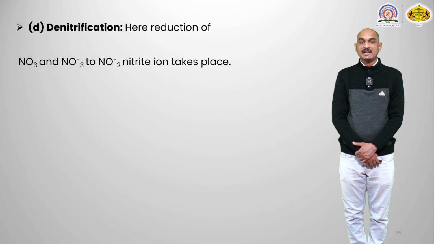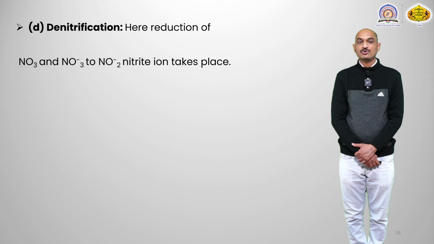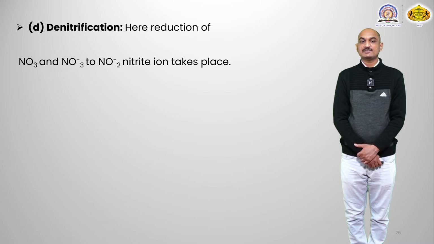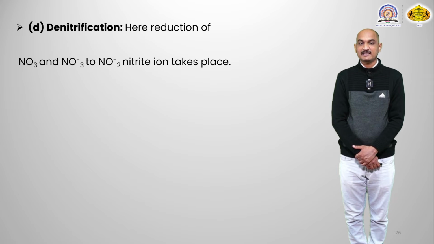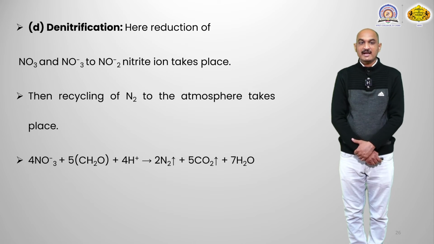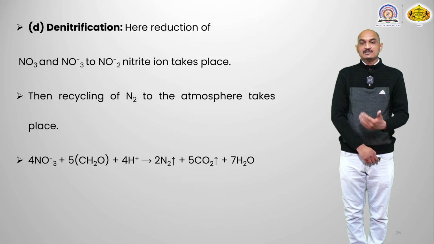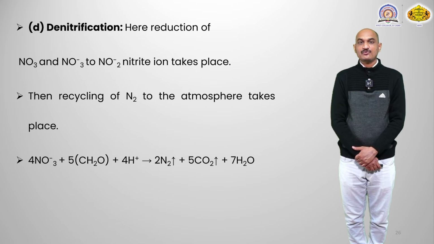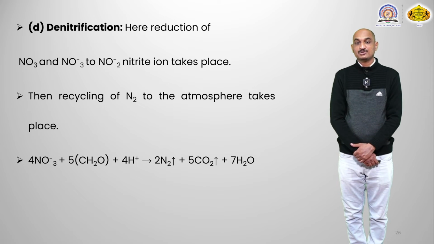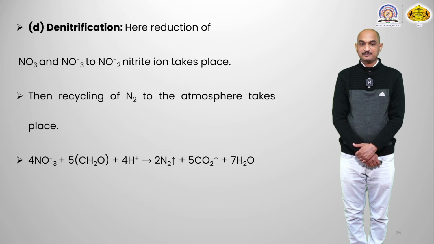That means reduction of NO3 minus ions into NO2 minus ion, that is the nitrite ions, okay. And then after reduction, the recycling of N2, that is the nitrogen, to the atmosphere takes place, okay.